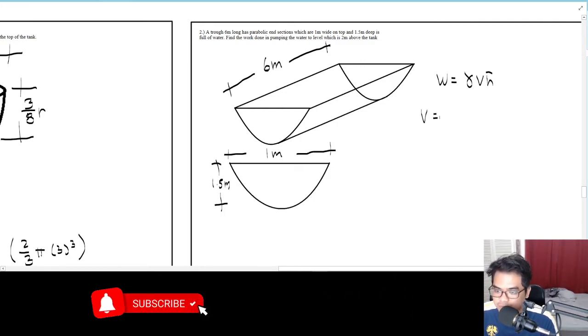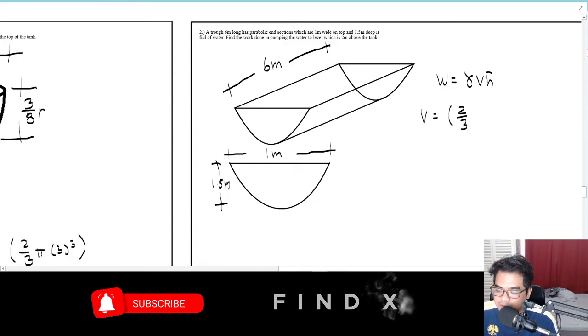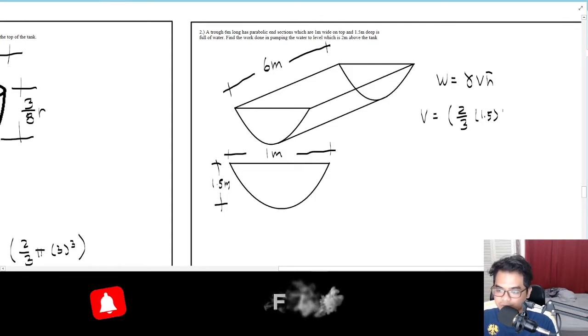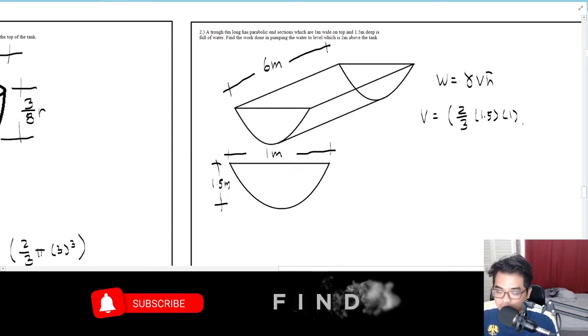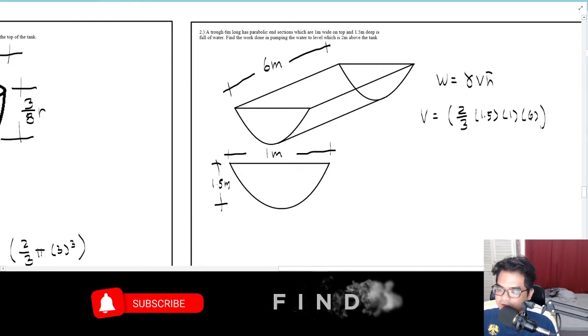For the volume, all you have to do is get the volume of the parabolic section, which is 2/3 base times height. Height is 1.5, base is 1. But we are looking for the volume, so you still have to multiply this by the length, which is 6.